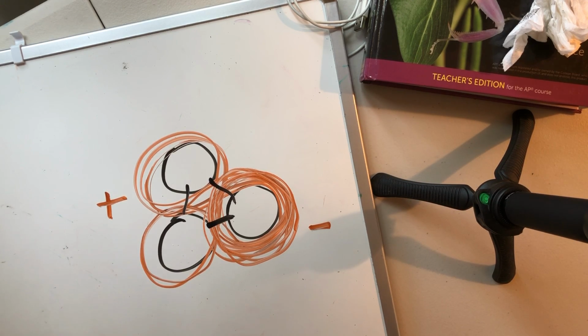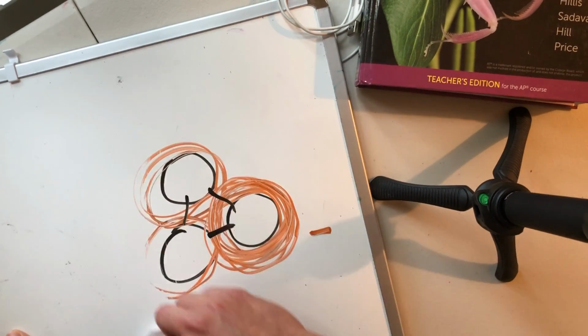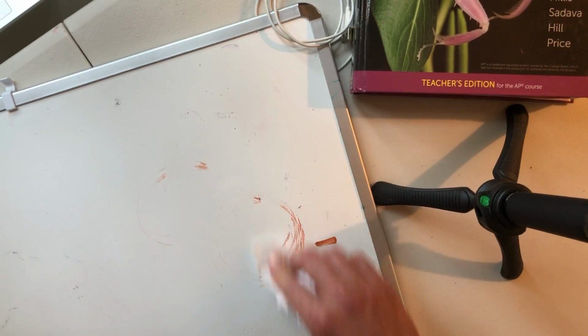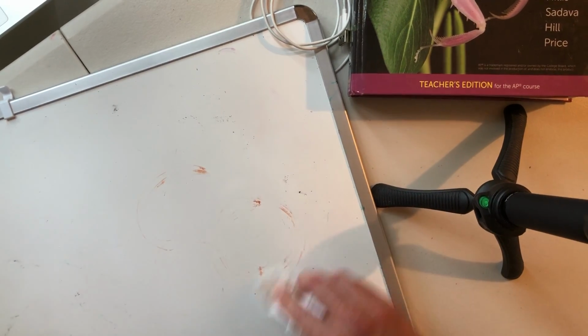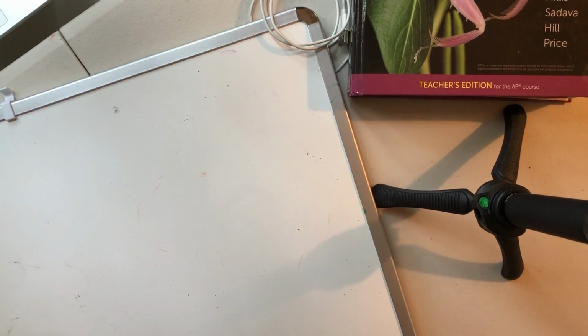And so polar covalent bonds form when the electronegativity difference between two or more atoms is a little bit greater, but not too great, as we're about to see. So that's polar. And some of you might remember that water is a great example of a polar molecule. We're going to also emphasize that glucose is a polar molecule.